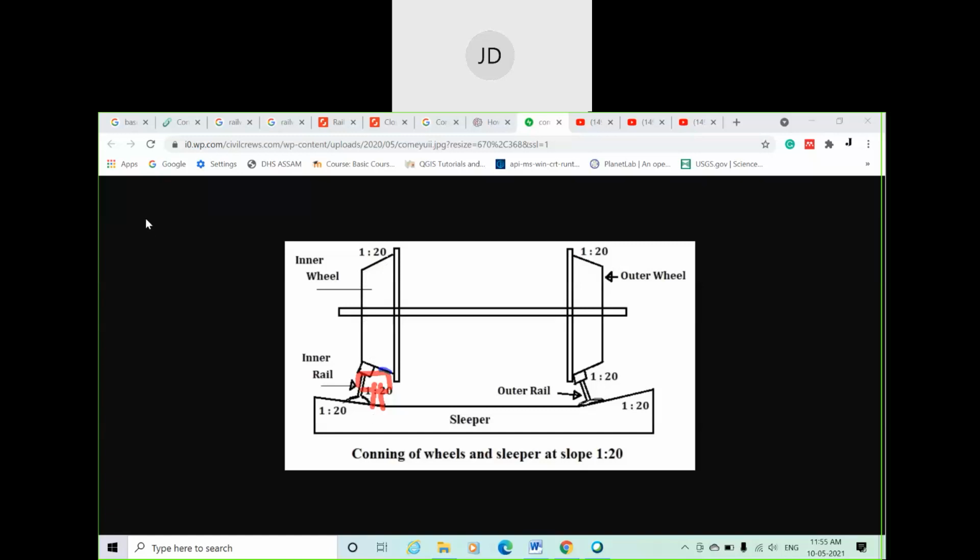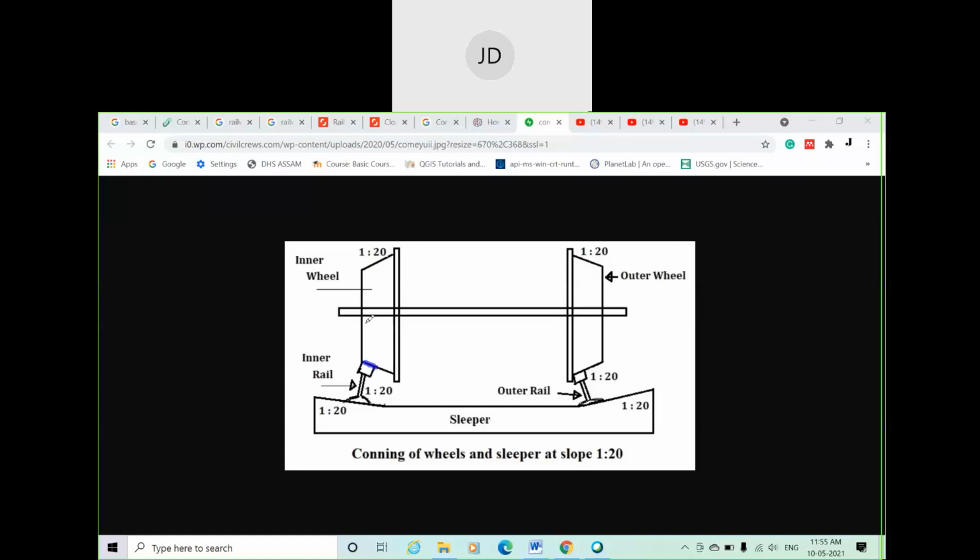What have we done? We have tilted the rail in such a manner that the point of contact between the rail base and the wheel tread increases. You can see the whole rail surface is in contact with the wheel.